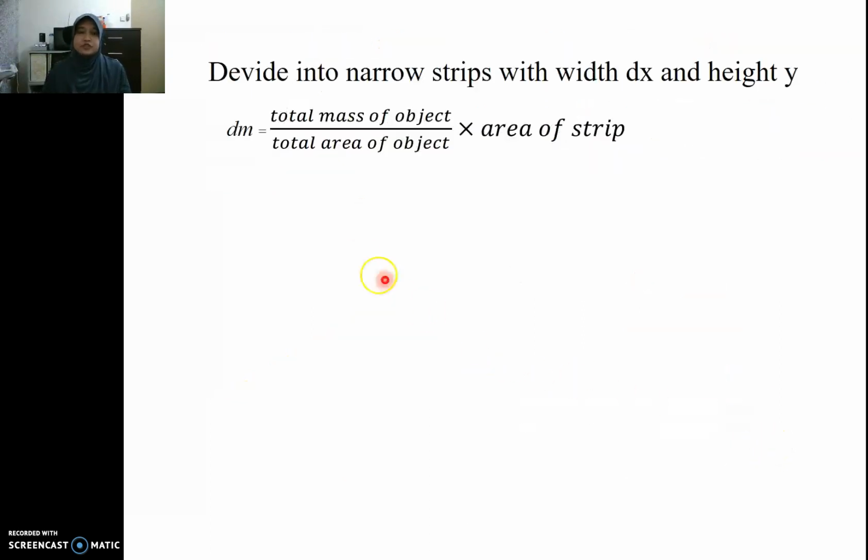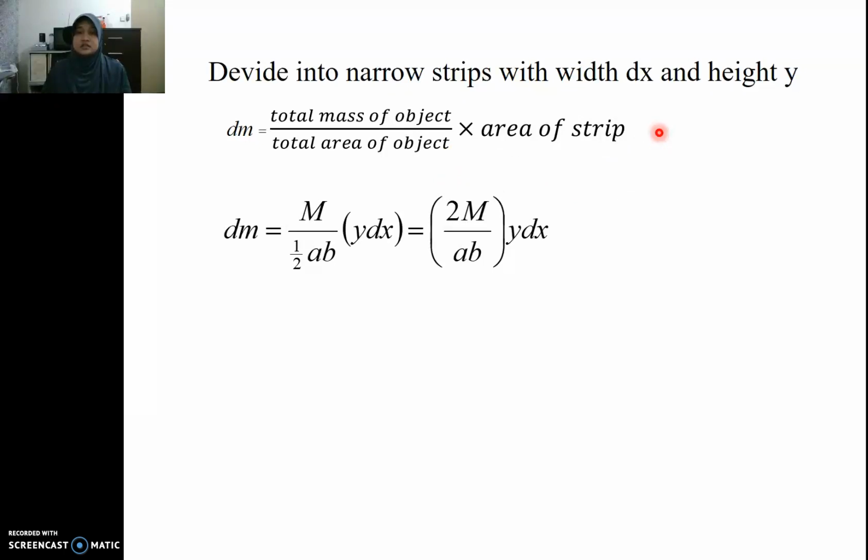To find dm, we take the total mass of the object, divide by the total area of the object, and multiply by the area of the strip. So we write it in mathematical form. m is the mass of the total object. Total area of the object is 1 over 2 times base times height.